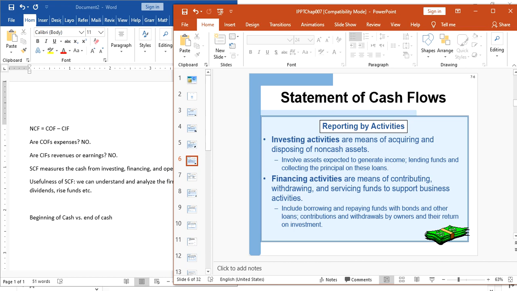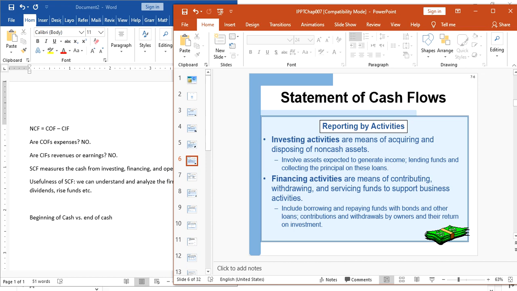So tangible assets, or let's say fixed assets. Okay, we covered that chapter already. Any cash used for or generated from investing activities will be separately reported in the statement of cash flows.